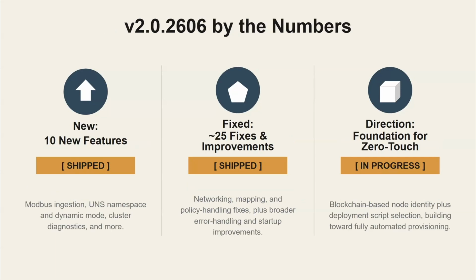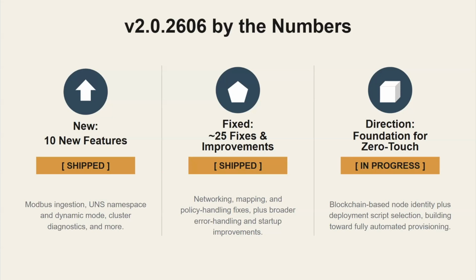So, quickly, by the numbers of what has changed: we have about 25 new features. As I mentioned, we have Modbus and support for unified namespace. We improved the cluster diagnostics, node diagnostics, and enhanced support for performance.